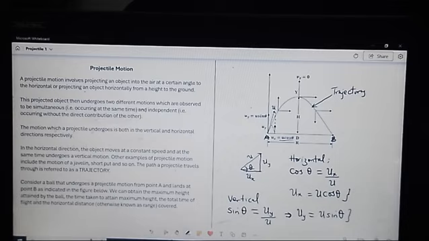Then again, we talked about the total time of flight, the horizontal range, the maximum height, the time taken to attain maximum height. There are formulas to apply to effect these calculations. So the next slide is going to give us the formulas that we apply when we are talking about time of flight, time taken to attain maximum height, the horizontal range.